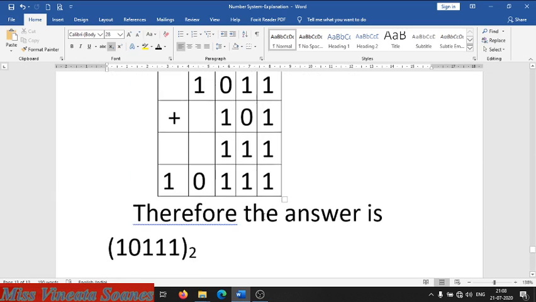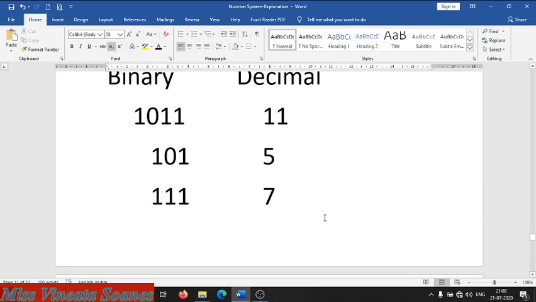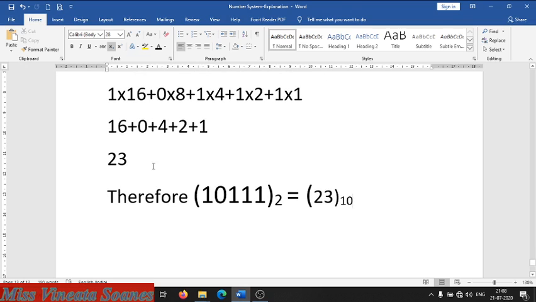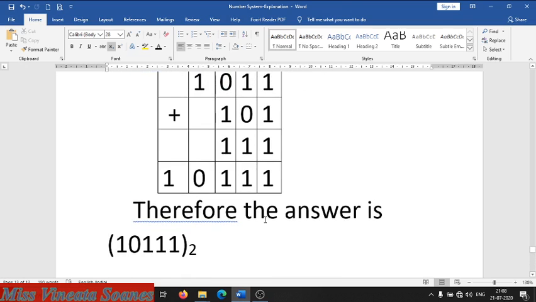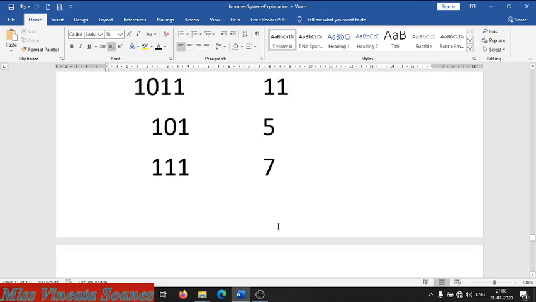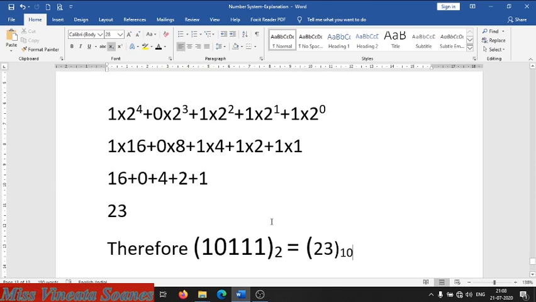If you already know that the answer is 23, it's easier for you to understand whether your conversion is correct or not. If you know the shortcut way of finding it very fast, and you find the total decimal number with these conversions, and if the answer is the same, then you are very sure that the answer is correct.